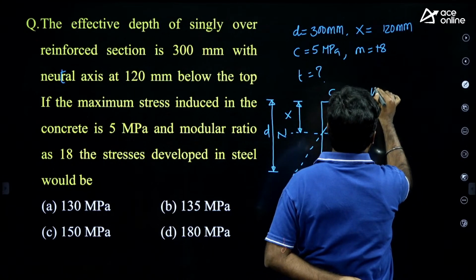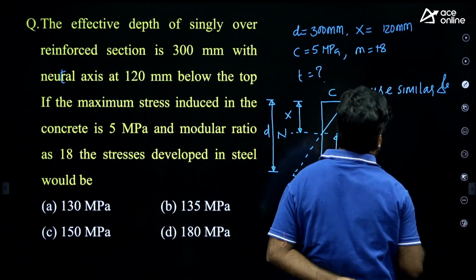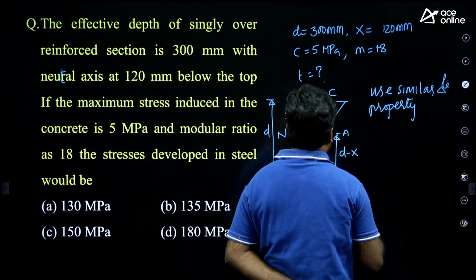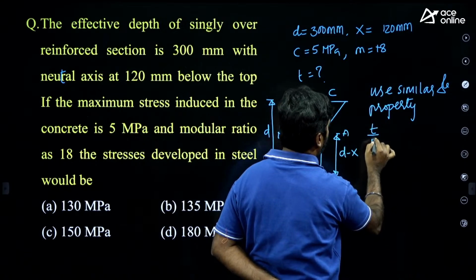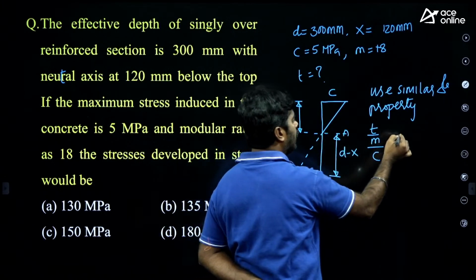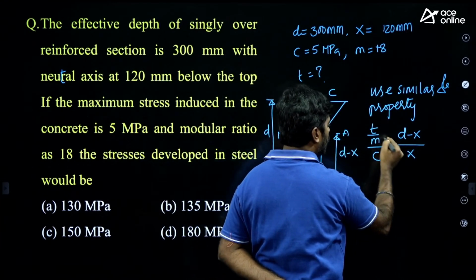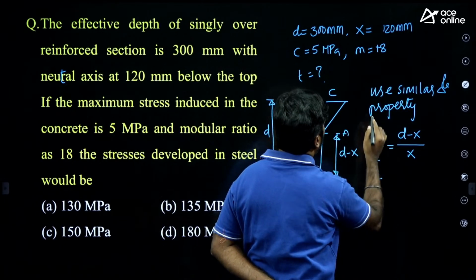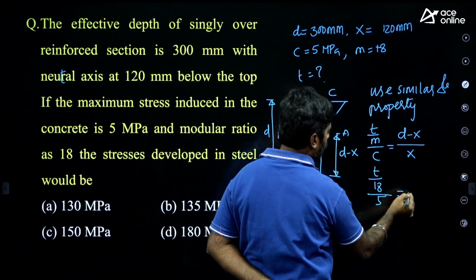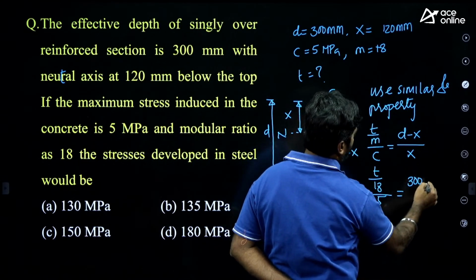Now, use similar triangle property. That is T by M upon C equal to, for this stress, what is the distance? D minus x. For this stress, what is the distance? X. Now, T by M given 18, C given 5, D given 300, X given 120.